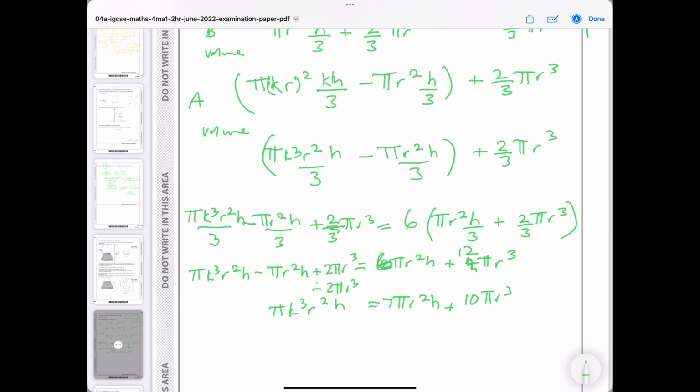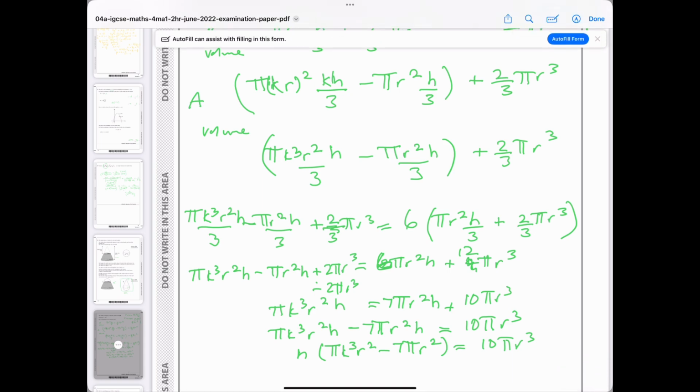So now it's pi k cubed r squared h minus 7 pi r squared h equals 10 pi r cubed. Now we can take the h out, so that's h times pi k cubed r squared minus 7 pi r squared equals 10 pi r cubed.